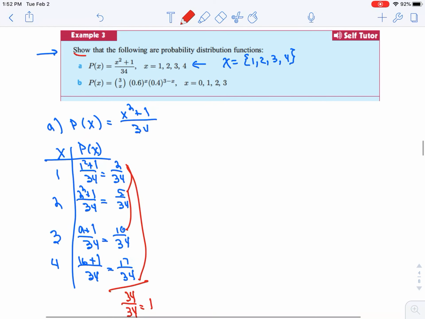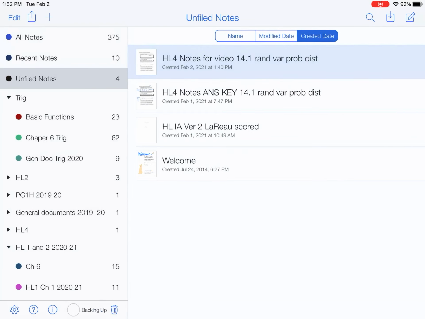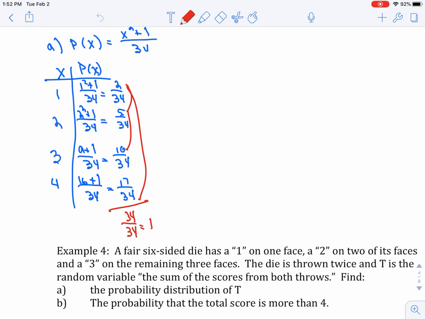So if it says show that, we need to have some kind of a comment at the end. So we can just say, since all probabilities are between 0 and 1, and there may be different ways that you can say that.